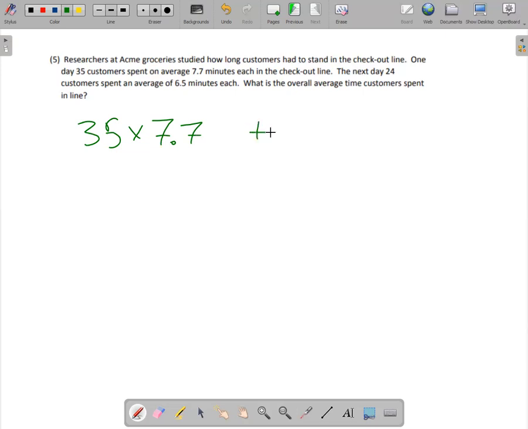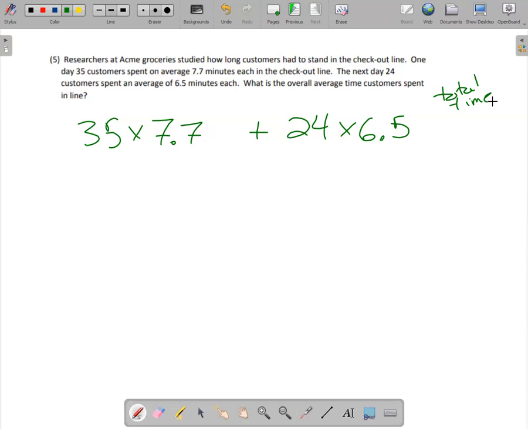And then the next day, 24 times 6.5 minutes, that would be the total amount the next day's customers stood in line. So this gives us the total time. Right? Number of people times the average always gives you the total.